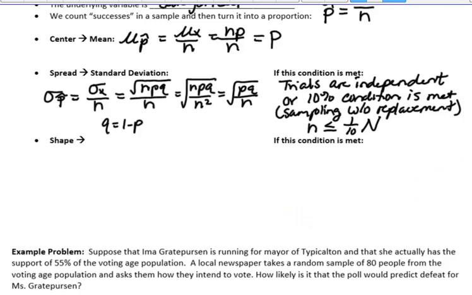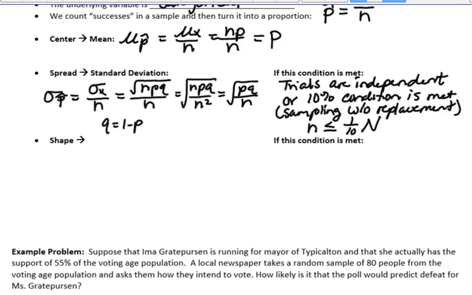Now the shape. We saw that the shape of a binomial distribution wasn't always symmetric. Sometimes it was very skewed if the population proportion was close to 100% or close to 0% and the sample size was small.